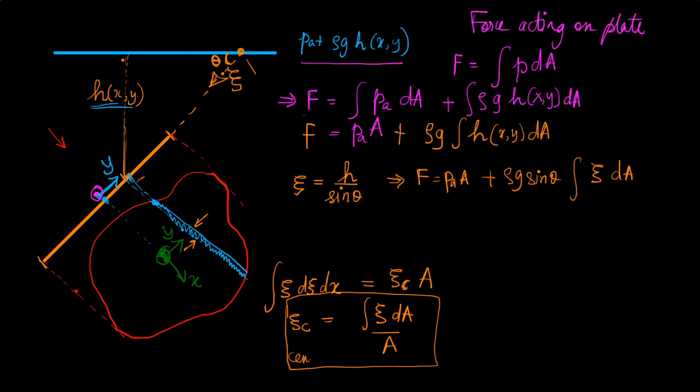Okay, this is itself the very definition of the centroid, and thus we can write it as Pa times A plus rho g sine theta times xi centroid times the area. But what is xi centroid times sine theta in terms of h?